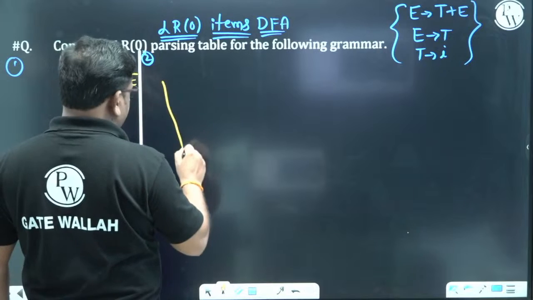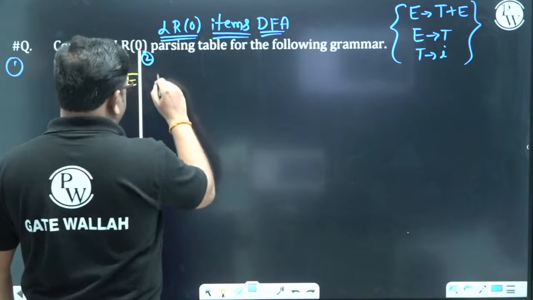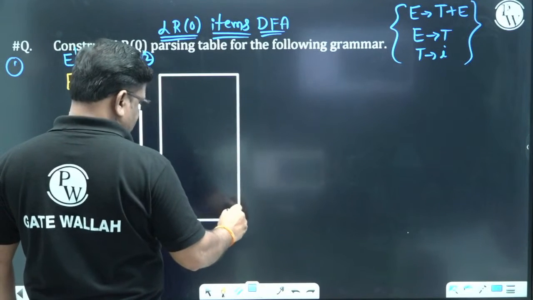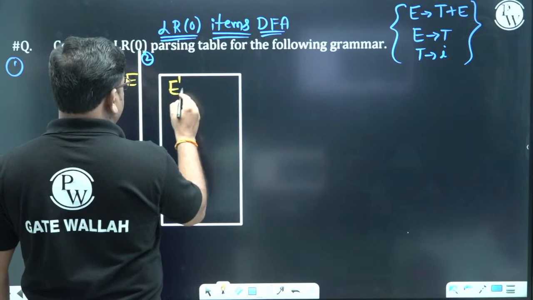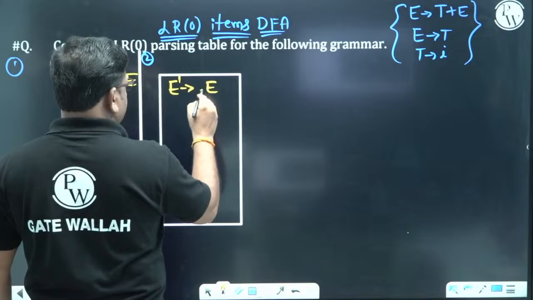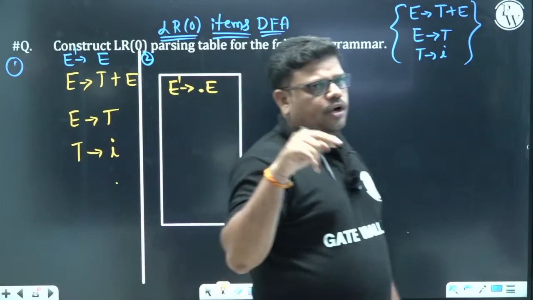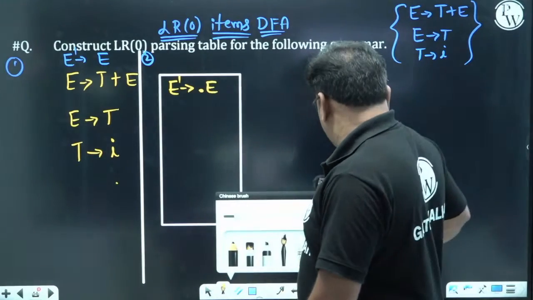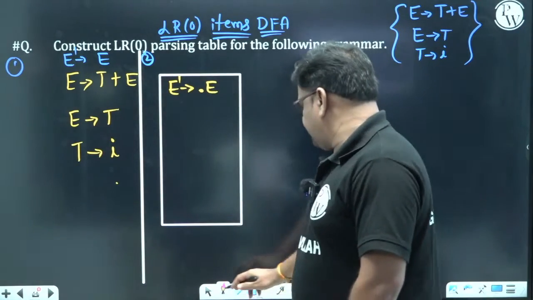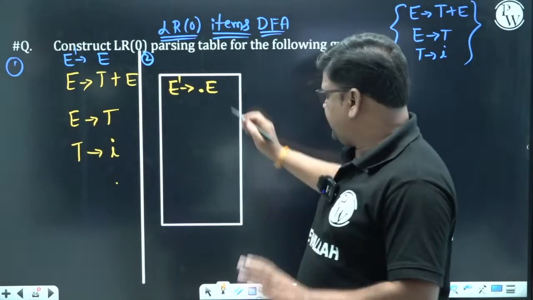Start from state 0. First take the augmented production and place the dot. This is what we have to do intentionally, on our own.